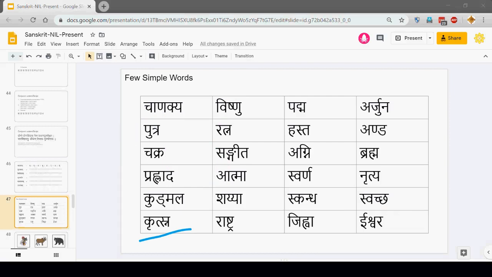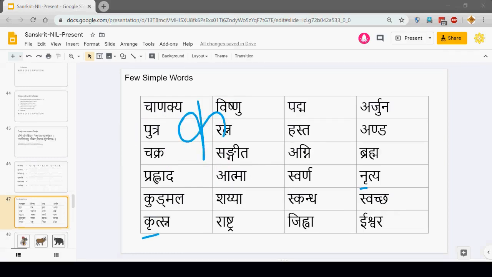Krishna. I've shown this one to indicate there could be more than two consonants in a conjunct letter. This is the example here. The first one is just a compound, just like nritya, dru. This is a kru.